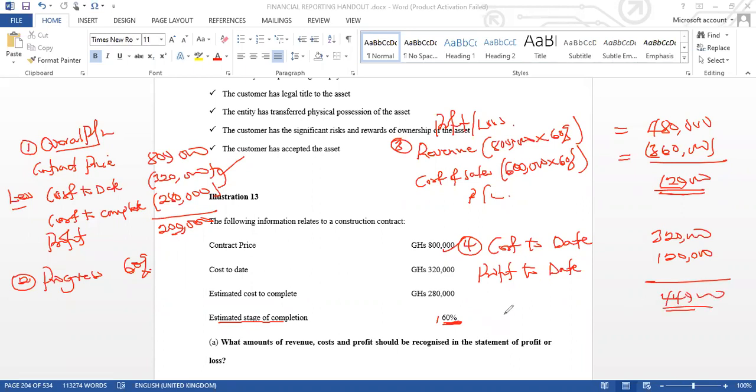And this one is a contract asset, which will be treated as part of our current assets. All right, so that is that. So that is how you go through. Let's look at a more advanced question that will probably test our mind.